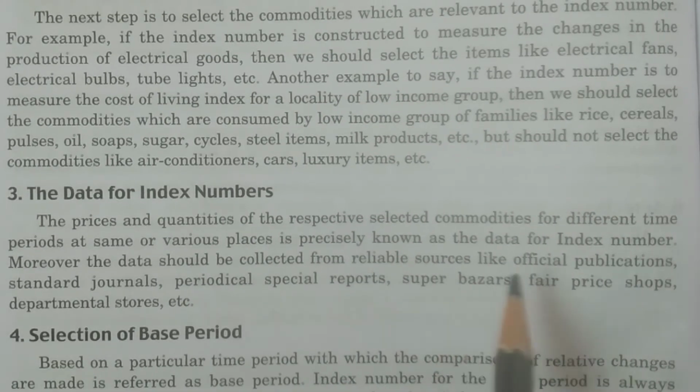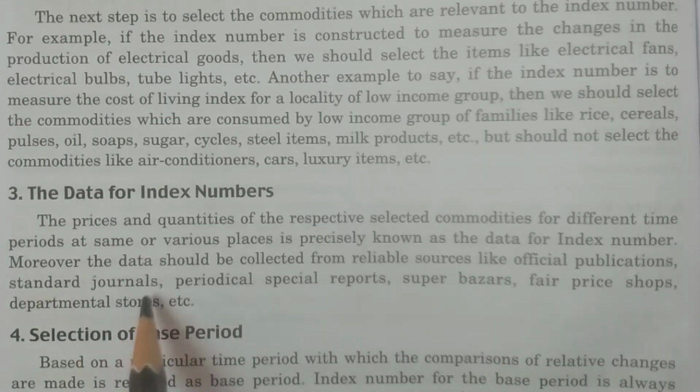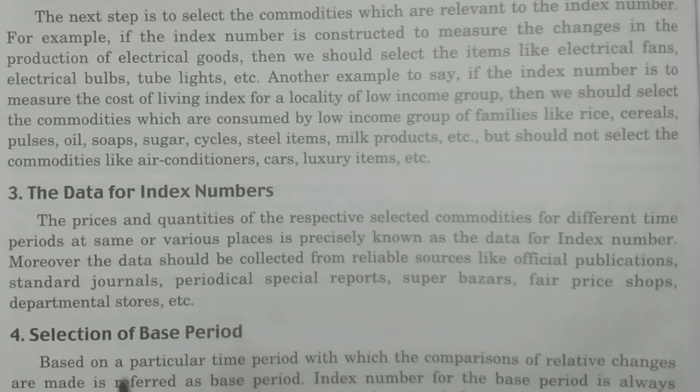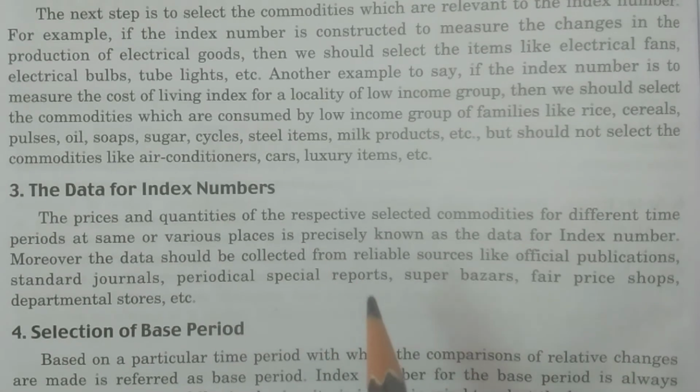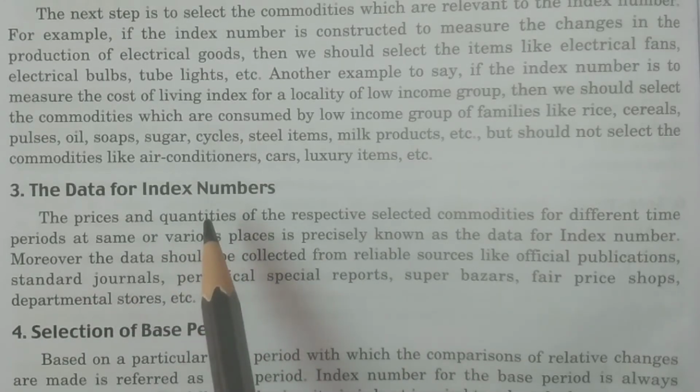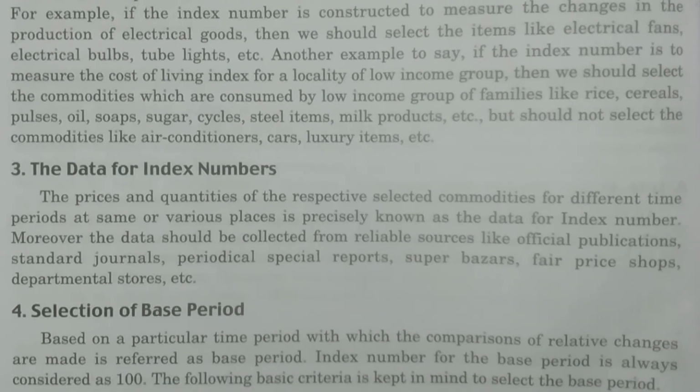Reliable sources like official publications, standard journals or periodicals, special reports, super bazaars, fair price shops or departmental stores, etc. We should collect the respective prices and quantities from the original, various reliable sources. That is very important in collecting the data for index numbers. That is the third point.